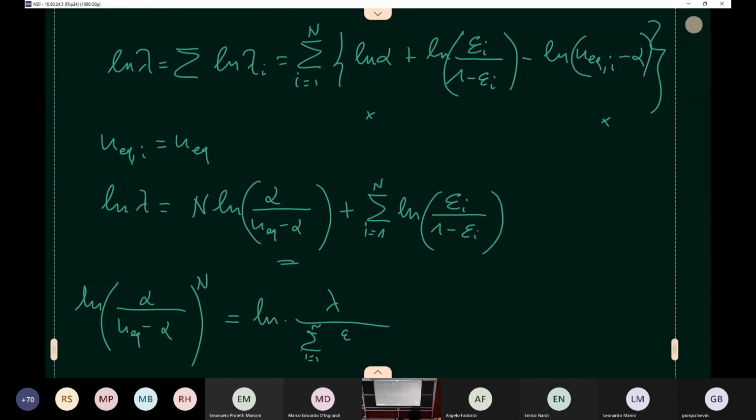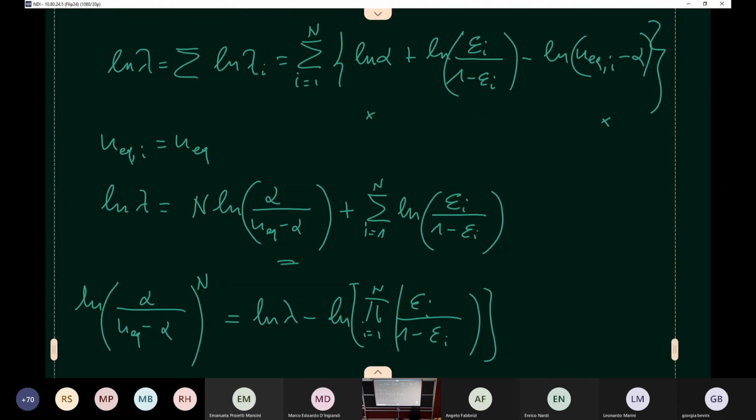No, sorry, I'm doing something wrong. One step at a time. Logarithm of lambda minus the sum. So this is what I wanted to write.